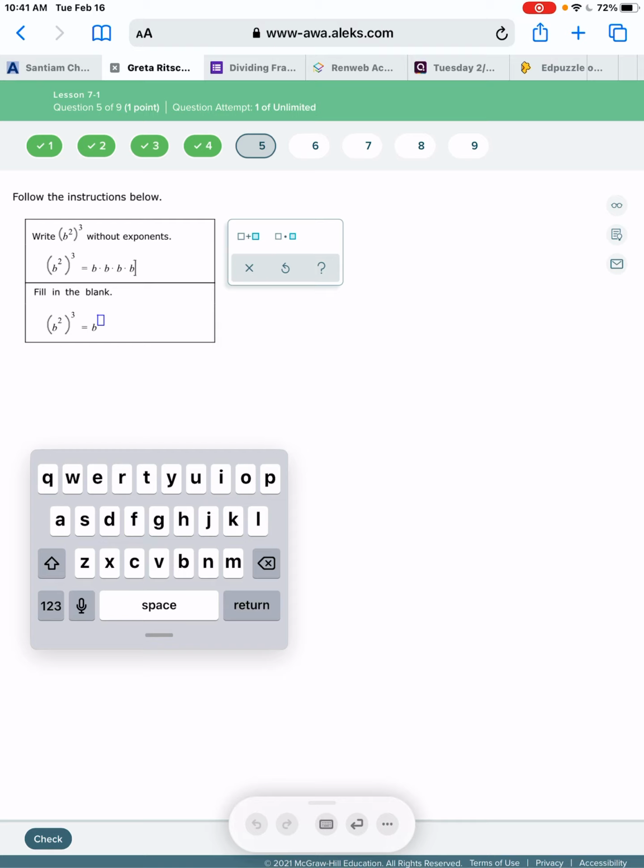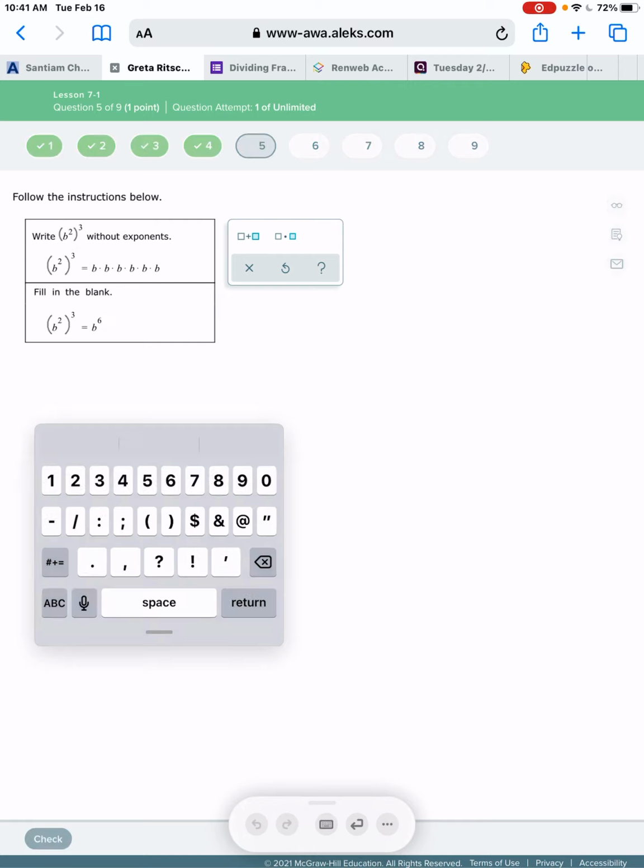There's b squared and b squared, and I need to write that one more time. So I have b squared, b times b, times b times b, times b times b. So a nicer way of being able to write that is b to the 6th. So the rule is that if I have a power on a power, I actually end up multiplying 2 times 3 to show that there will end up being 6 b's.